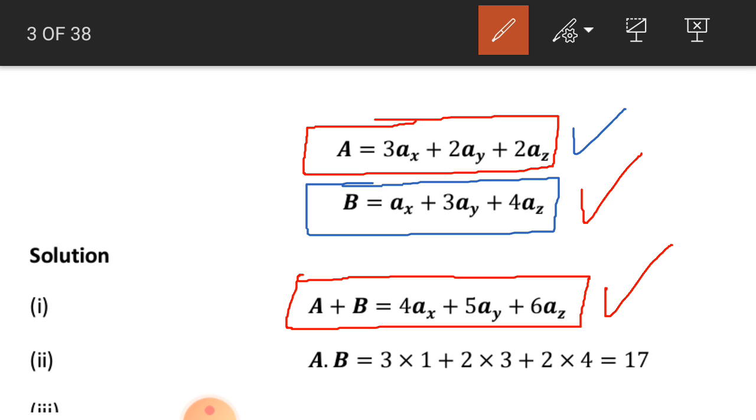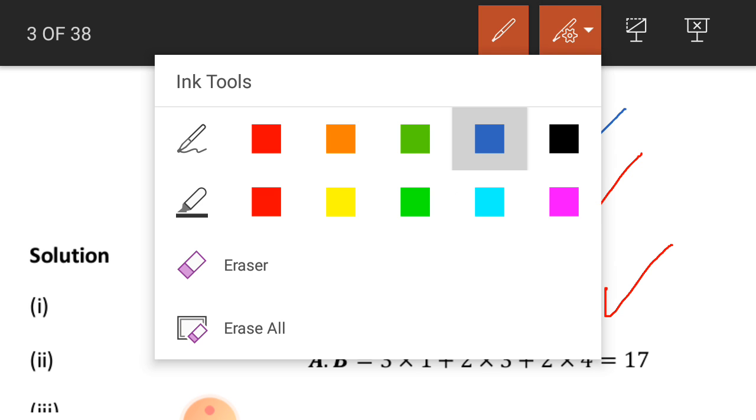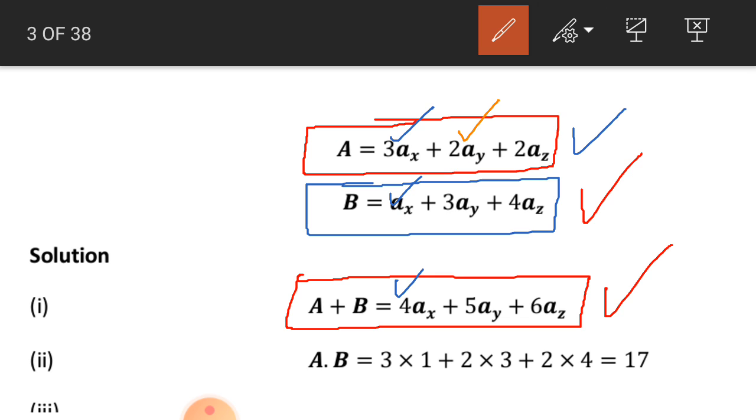So A plus B will be equal to 3ax plus ax, that is 4ax, 2ay plus 3ay, that is 5ay, 2az plus 4az, that is 6az. So the resultant vector is a three-dimensional vector, which is 4ax + 5ay + 6az.